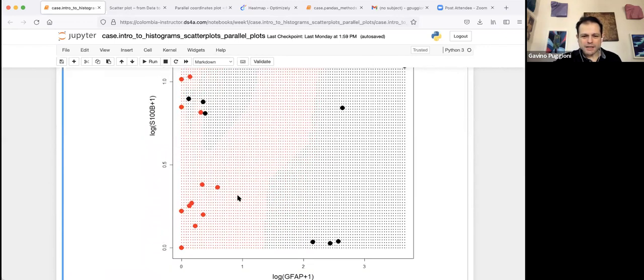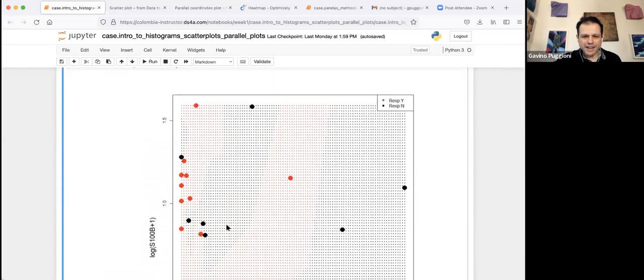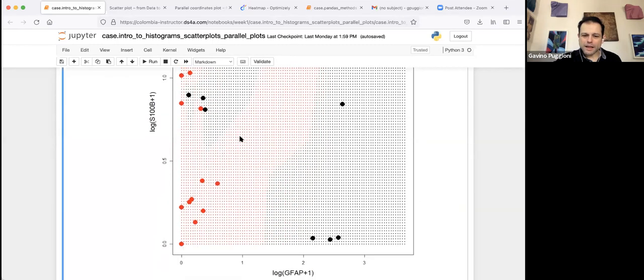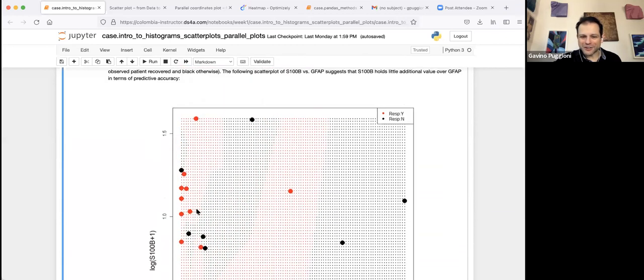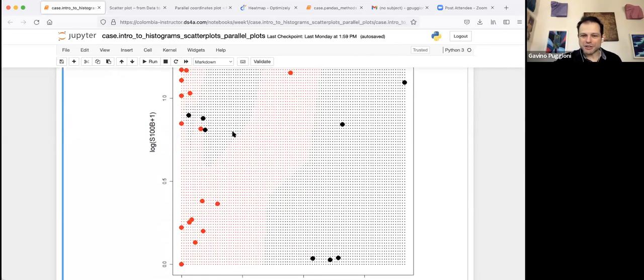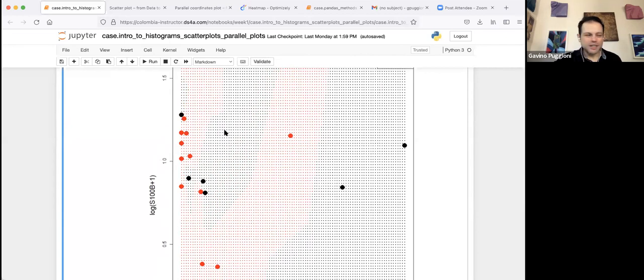Well, we can say that the chance of recovery is high as long as, you know, it really depends on the S100B. There are some areas of S100B for which it might not be as straightforward, and we can see some areas here.